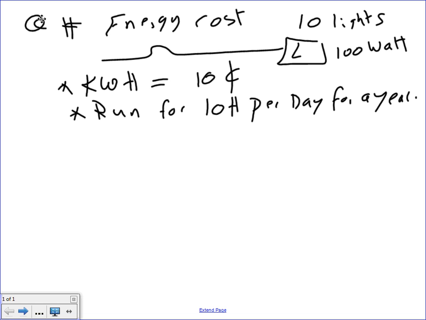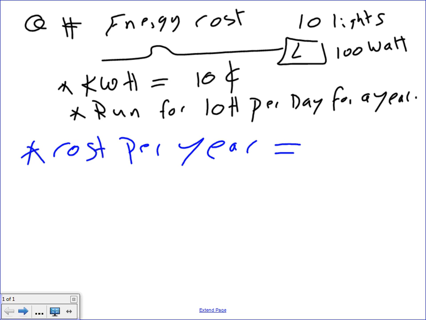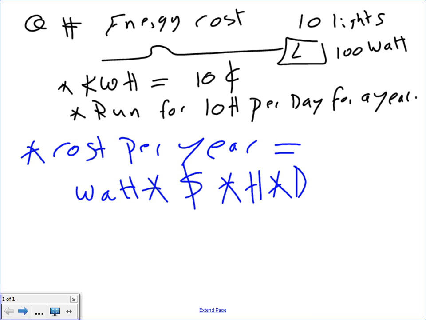Okay, so I'm going to say here, cost per year equals, and here's the formula that we use, guys. We use the watts times the price in dollars, times the hours, times the days.